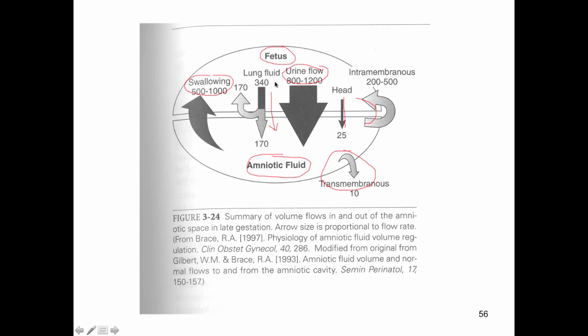Okay. The other thing this tells you is that since amniotic fluid relies so heavily on urine output and fetal swallowing, that must mean that the ability to produce urine by the fetus and the ability to swallow amniotic fluid and pass it through the GI tract represent two systems that are functioning very early. Right? So these are two systems that develop very early, and at the very least, their capacities are there pretty early.